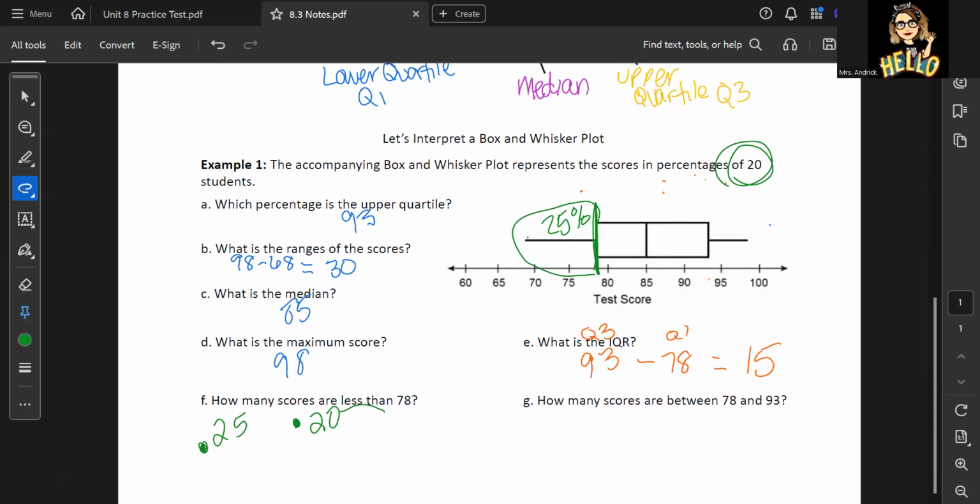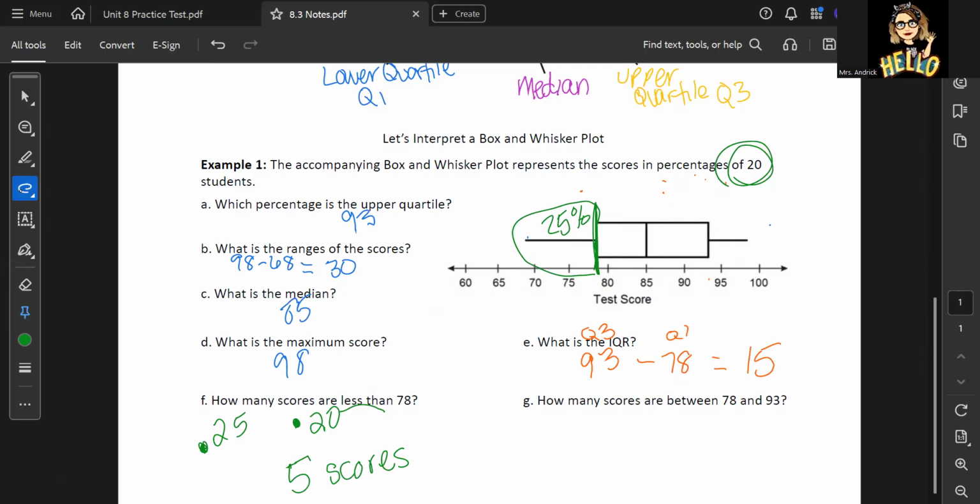So we do 0.25 times 20, and that tells us there are 5 scores less than 78. So 5 people scored less than 78%.